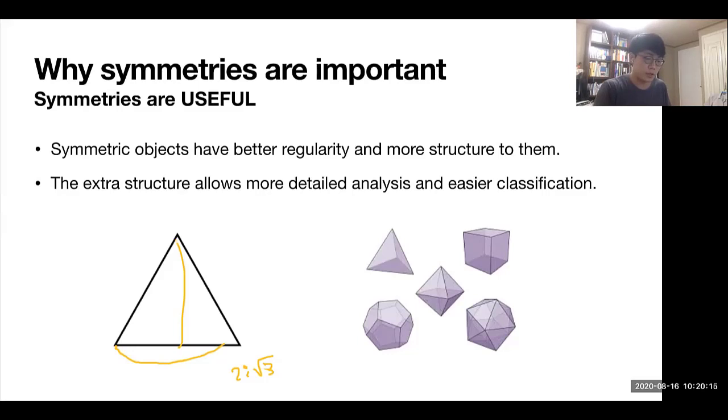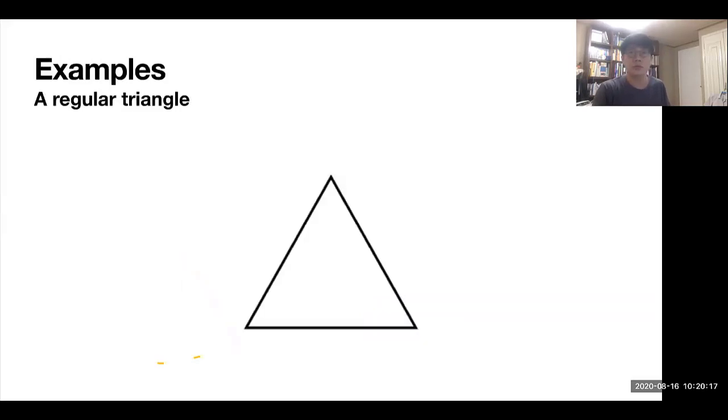All right, so I'll show you a lot of examples and work through them with you so that you can get a more hands-on experience with this concept of symmetry and transformations that leave an object invariant. For example, this regular triangle, we have already identified all the symmetry transformations.